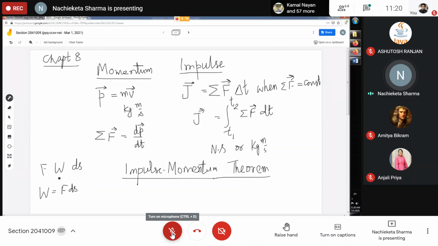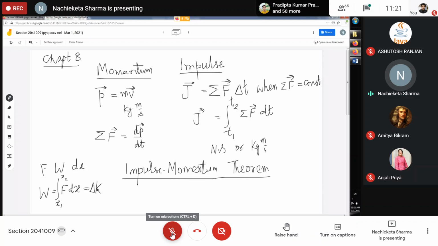Let us take a variable force, F dx from x1 to x2. This ds becomes x actually. So W is the integral of F dx, and this is equal to change in kinetic energy, delta K.